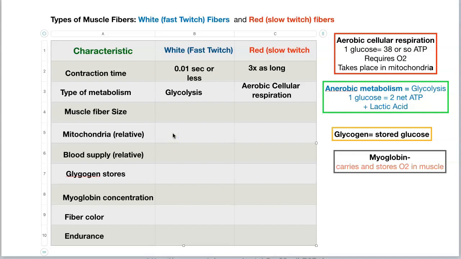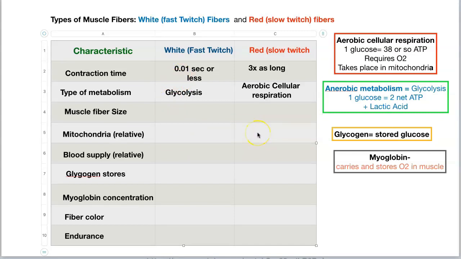So, we have our white fast twitchers. Every cell has mitochondria, but we're talking about relative. Which one has more mitochondria? The white or the red? The fast or the slow? Mitochondria for the white, you don't need as many, so it's going to be less.